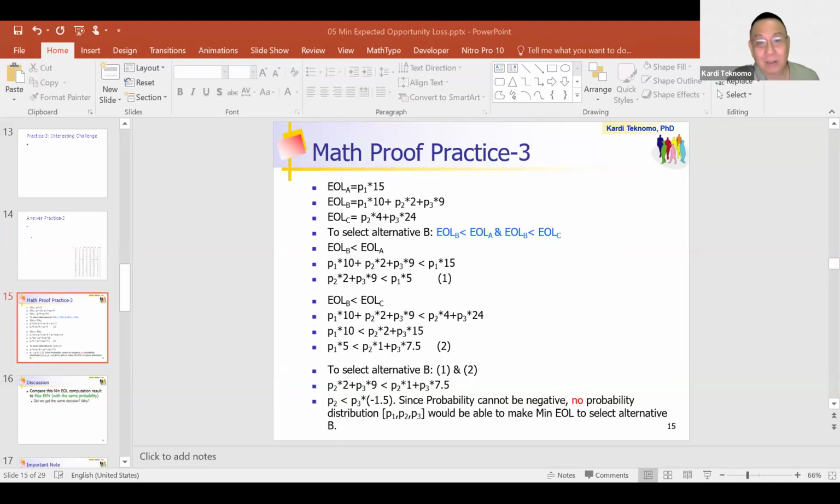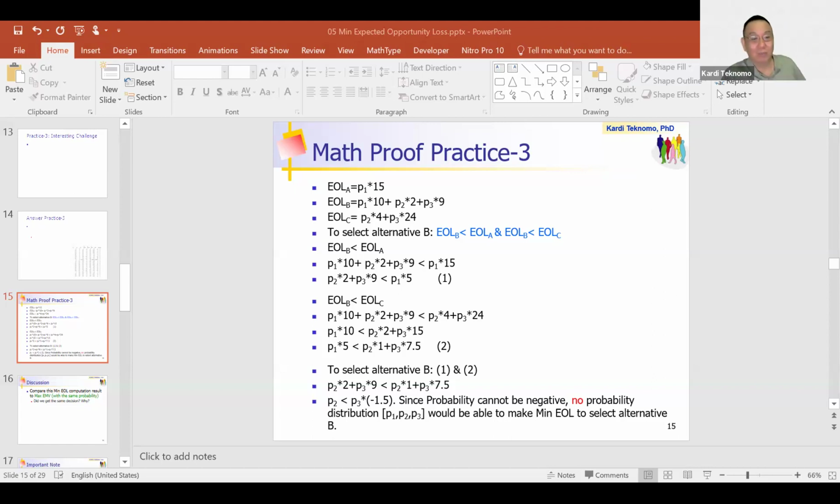To select alternative P, the AOL of P must be less than the AOL of A, and the AOL of P must be less than that of C. We do it one by one. Using this algebra, you can see that it is impossible, because the probability cannot be negative. So there is no probability distribution P1, P2, P3 that would choose alternative P.